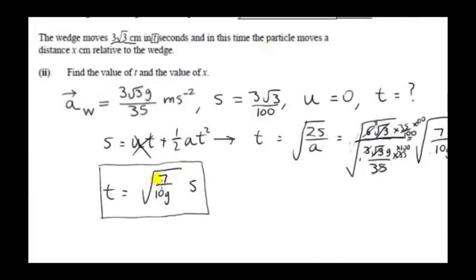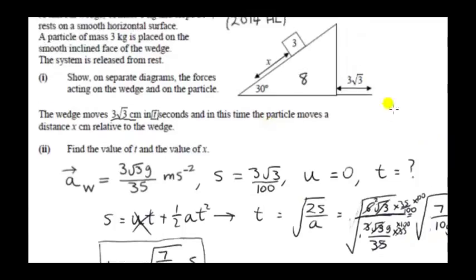Okay, so in the time that the wedge moves 3√3 centimeters, the particle is moving down the incline. So the wedge gets to here. Okay, it should look like this, and the particle has obviously moved down the incline. So we're interested in the ground that the particle moves down the incline.